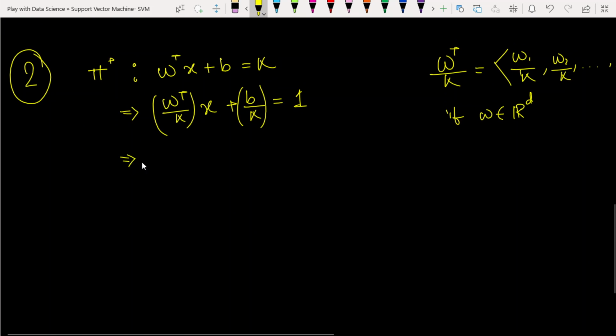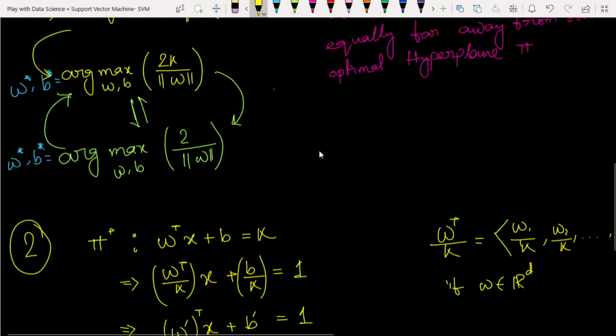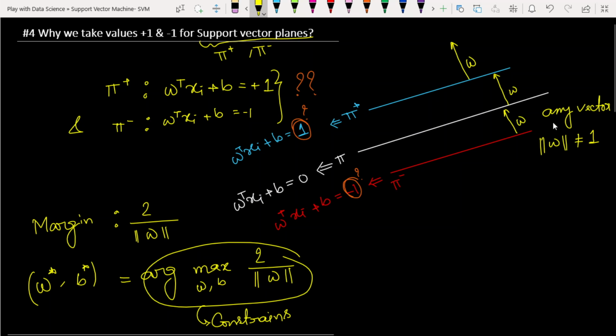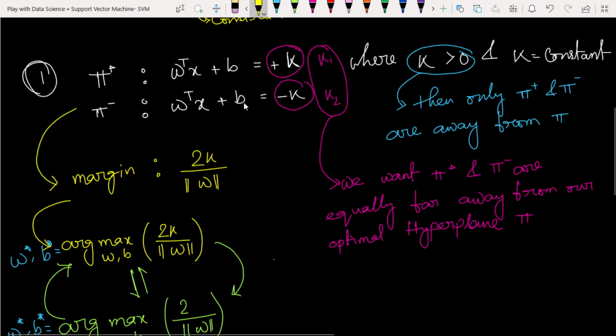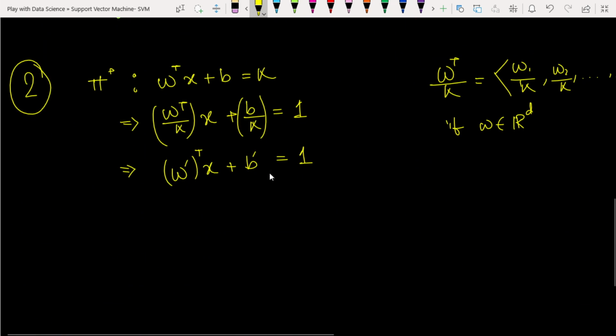Now we can easily call this vector w dash, so we have w dash transpose x plus b dash, and this portion we call b. This is simple, because as we said previously, w is any vector. Here w is not a unit vector.